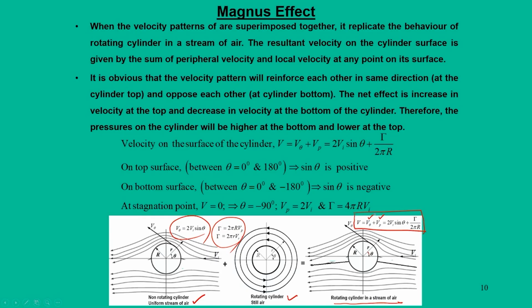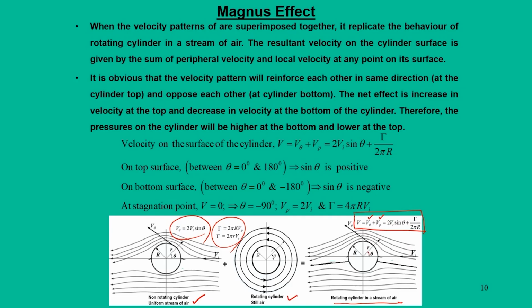V p stands for the peripheral velocity, a fixed quantity, circulation divided by twice pi r.